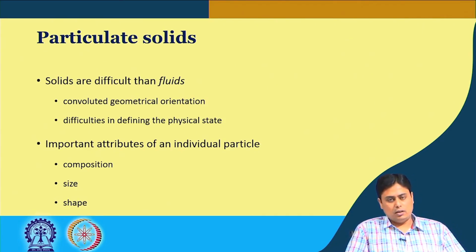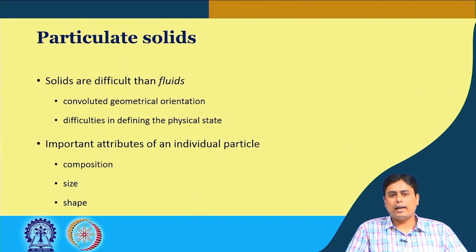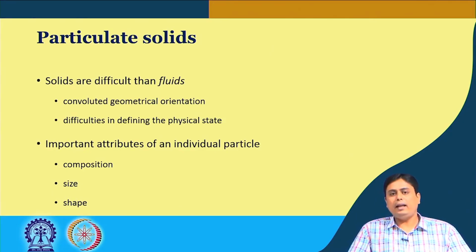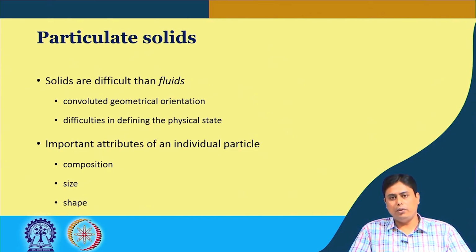Like composition, it helps to understand different properties like density, conductivity and all these things that can be determined if you know the composition. But this knowledge is helpful only if the composition is homogeneous, but in most cases in solid particles that is not the case. So, that is why these solids are more complicated than the fluid case.